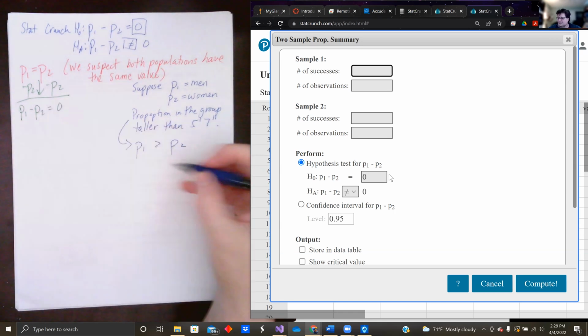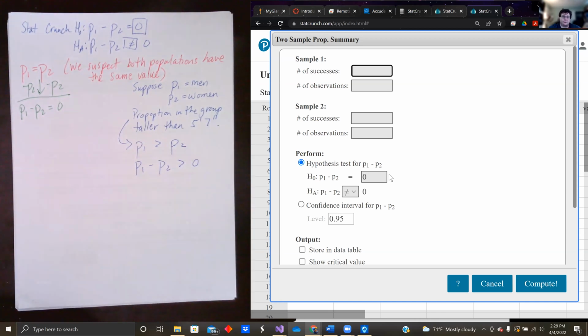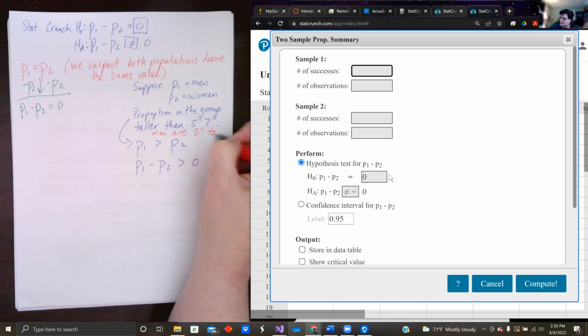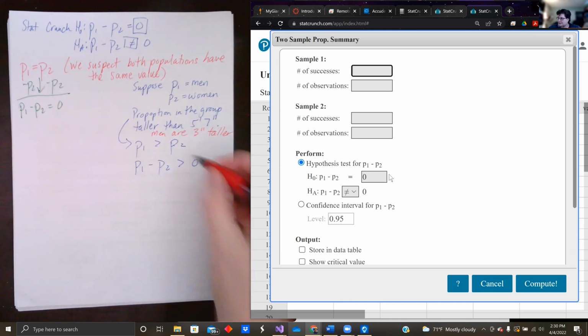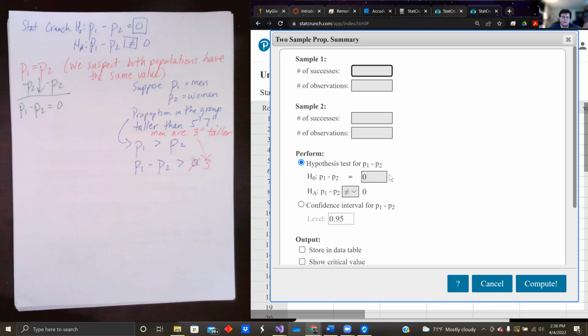And if I did the same process of subtracting, I would have P1 minus P2 is greater than 0. Now, what if I wanted to say it's not just that one's greater than the other, but that the average male is 3 inches taller? If I wanted to change this to say men are 3 inches taller, I could make this a 3. And now if we're talking about the height in inches, then it works.